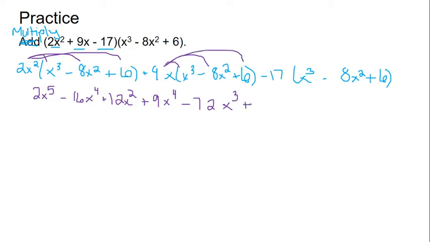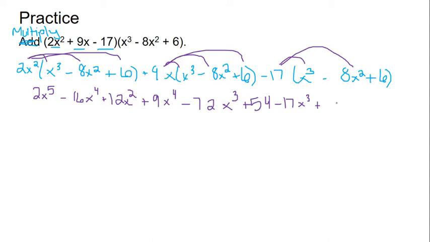and then a 9 times 6, we get plus 54. And then on to our last one, negative 17 times x cubed, negative 17x cubed, negative 17 times negative 8. Remember, negative times a negative is a positive. Then we have 17 times 8.